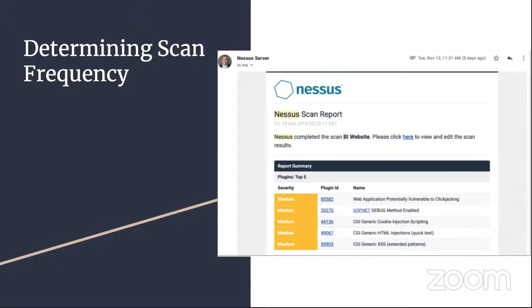Scans should just not be done without much thought. It's definitely not something that you use just spray and pray. There are sensitivity levels. You have to be careful about the configuration settings.